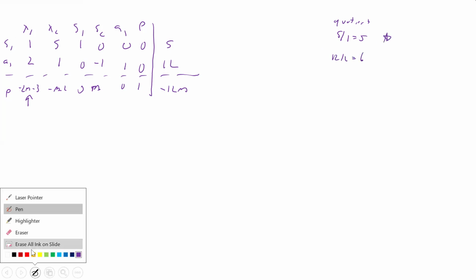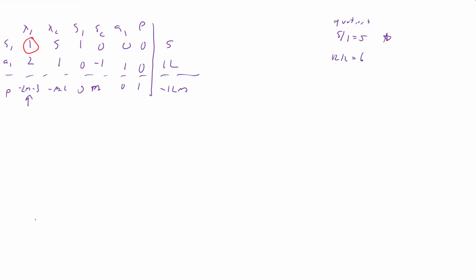The most negative looks like that one. If we take our quotient, that's 5 divided by 1, which is 5, and 12 divided by 2, which is 6. That's the smallest. So now let's circle this. How do we do that? If we take minus 2 row 1 and add it to row 2, that's our new row 2.